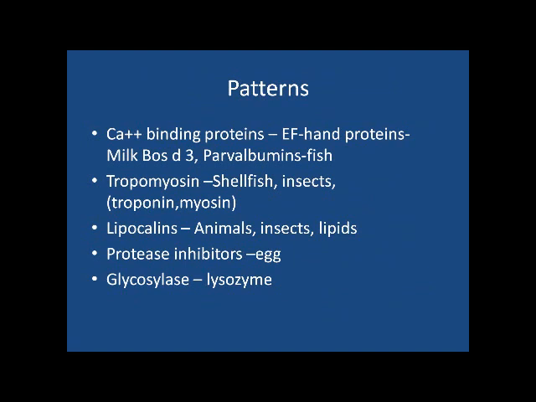So here are the food allergens that we've discussed: the calcium binding proteins, the EF-hand proteins, milk, the Bos d 3 calcium binding protein, and the parvalbumins from fish, tropomyosin, shellfish, insects, along with troponin and myosin are also allergens from these sources.